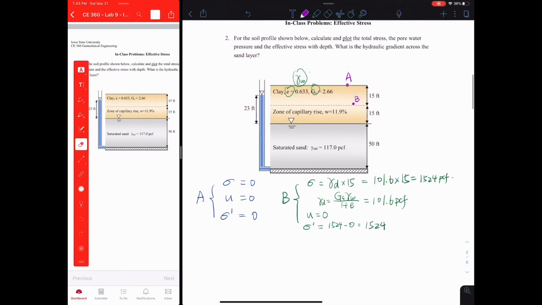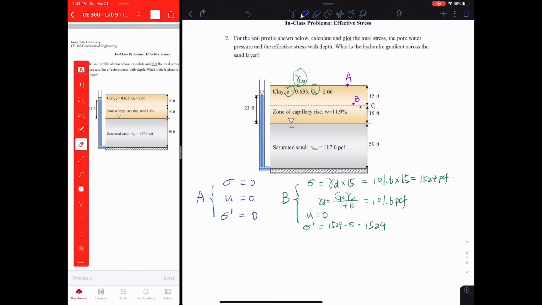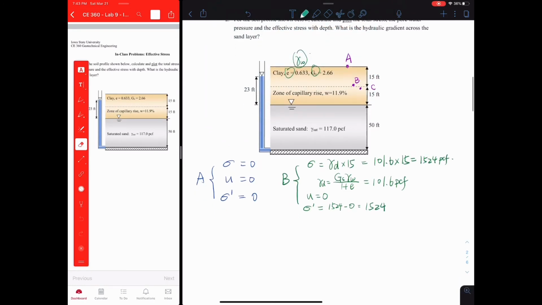Then let's come to the next layer. The next point we'd like to calculate is point C here. How do we calculate point C? For point C, the total stress should be equal to the total stress of point B, so it should be 1524 again. Then how about the pore water pressure?